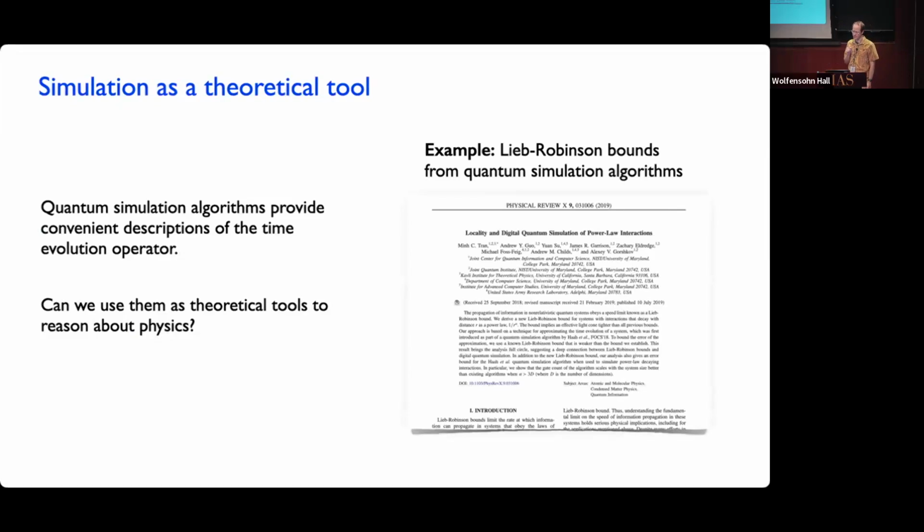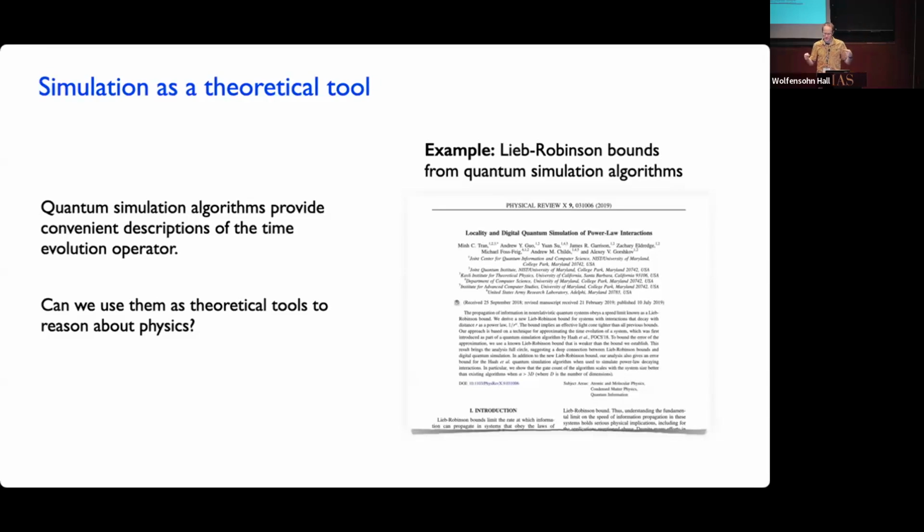We have this paper that we wrote about locality in quantum mechanical systems. There's this notion of Lieb-Robinson bounds, which describe limits on the propagation of information in quantum systems. This particular paper is about these kinds of bounds, specifically in the case where you have power law interactions, interactions that decay like a power law. In this paper, we developed better Hamiltonian simulation algorithms for systems that have these power law interactions. And actually, Lieb-Robinson bounds are useful for giving those simulations.